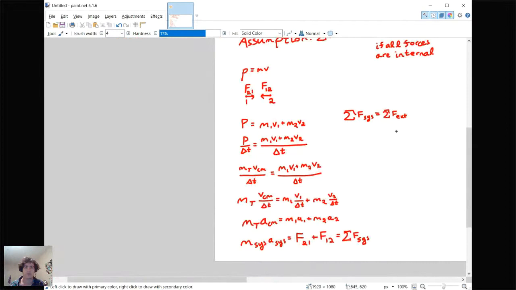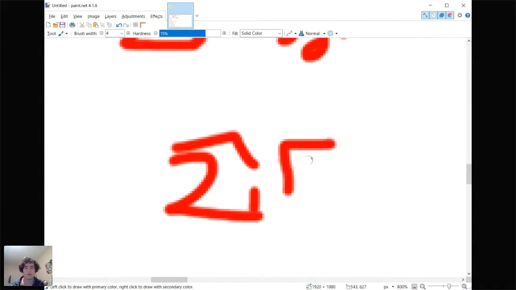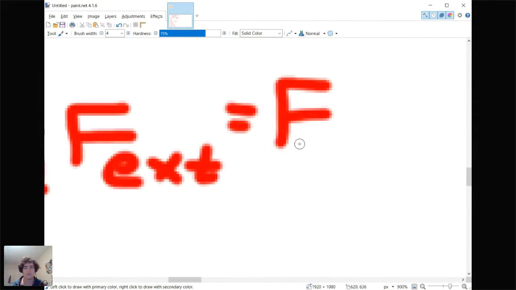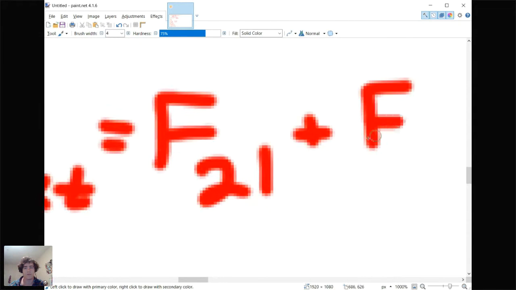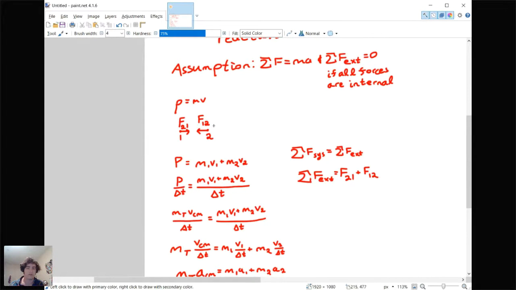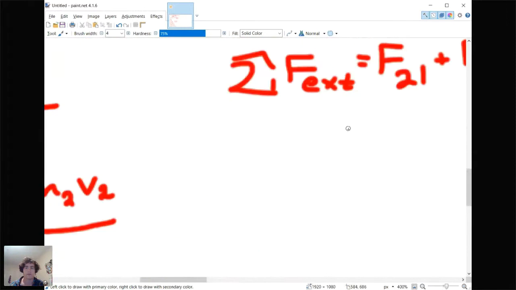So now, substituting this in, we have the sum of the external forces is equal to the force from 2 acting on 1 plus the force from 1 acting on 2. And there are no forces that are external to the system. And from the same assumption right here, this means that the sum of the external forces is 0.